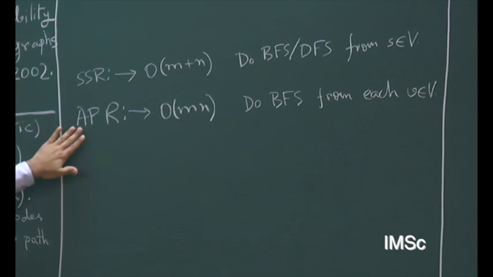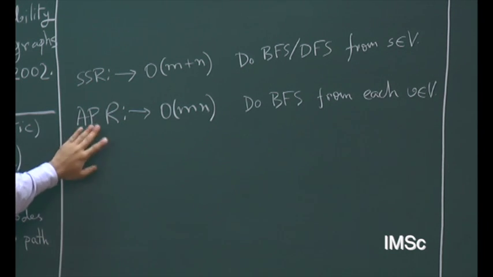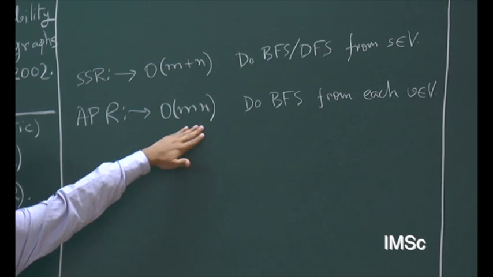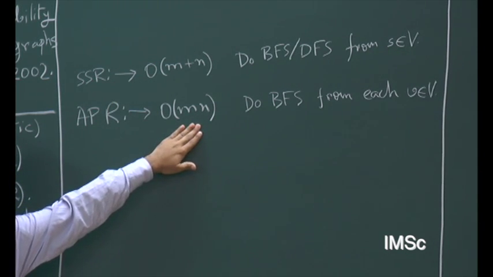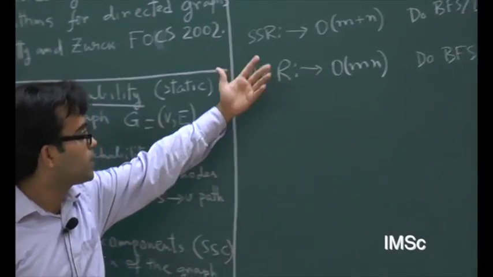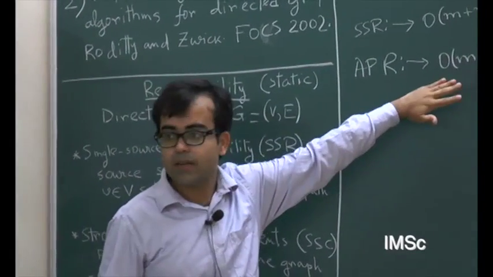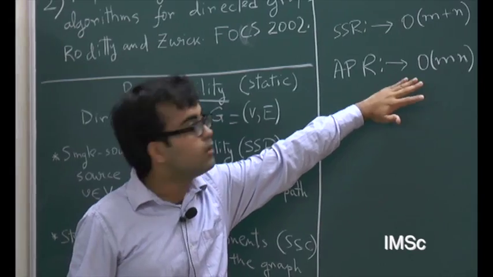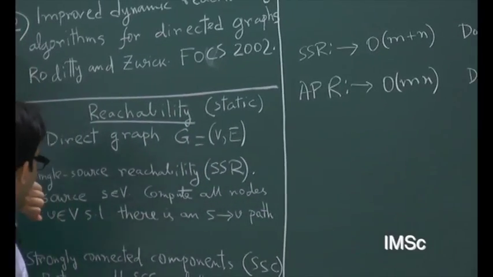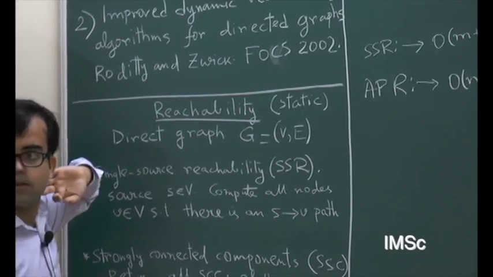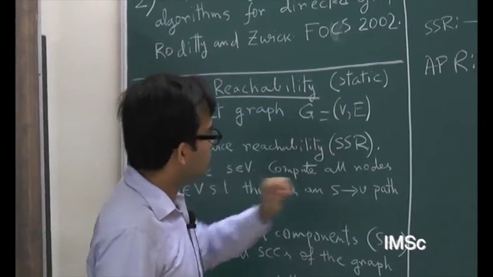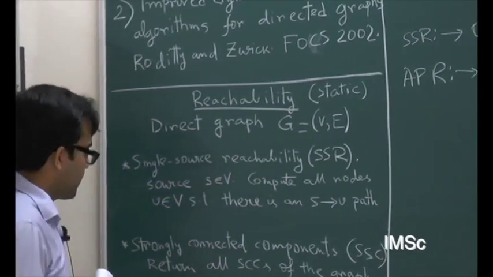Just very simple, and for all pairs reachability, I think there exists something that uses fast matrix multiplication. But if you just look at combinatorial algorithms, nothing better than this is known. And most of the time we will be concerned with combinatorial algorithms. So we can just treat this to be the best known bound in the static setting.